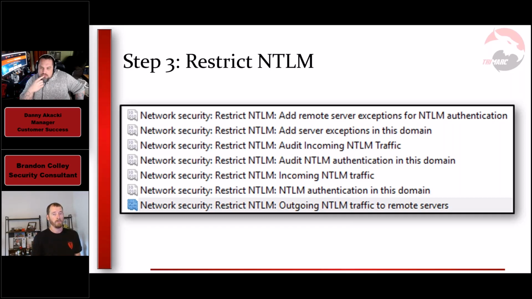You can get the kind of information you want to know what's happening in your environment. And then once you've really narrowed things down and you're ready to turn stuff off, you can set exceptions. So once you know what's going to break, you can add those to the exception list, those first 2 that are listed there, and you can really begin to lock down NTLM. Now I realize that this is hard, really verging on impossible in most environments, but as I mentioned before, it's worth trying.